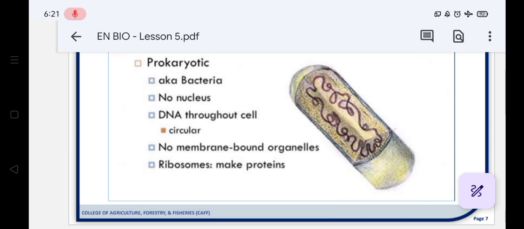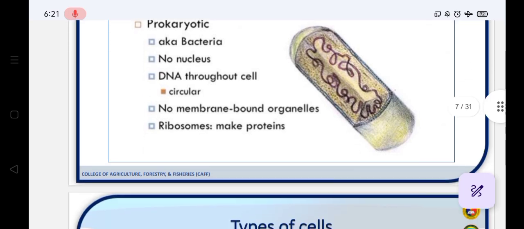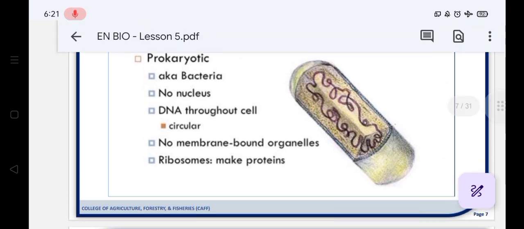So, since it has no nucleus, what does this prokaryotic cell have? Instead of a nucleus, their DNA floats freely inside of the cell. In simple terms, their genetic material is like a loose thread inside the cell.